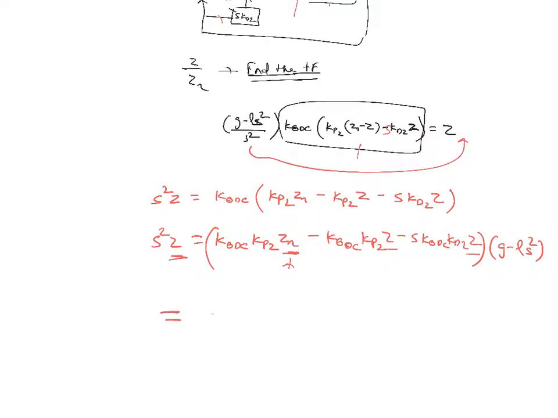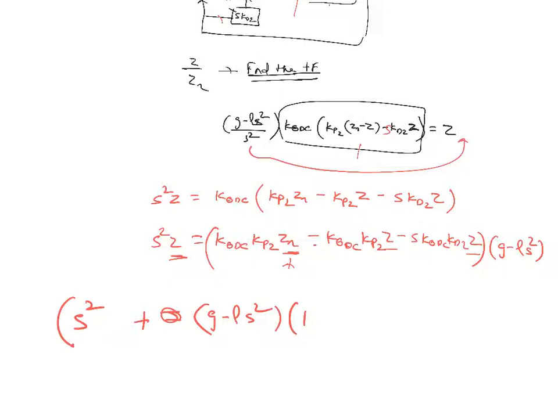So now we have G minus L S squared, right? So what we can do is multiply this and bring it this side. Both are negative, right? Negative, negative. So it will be positive.